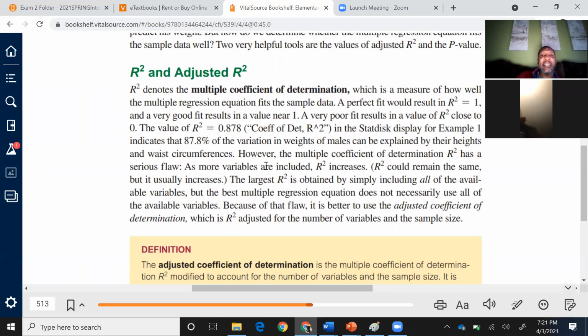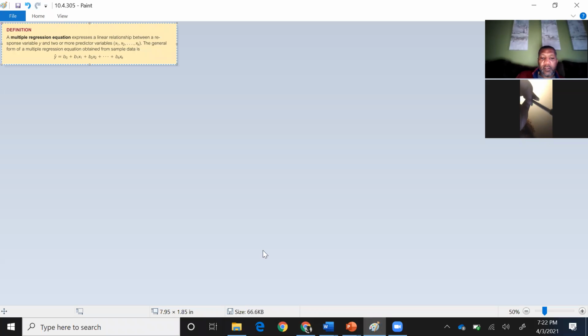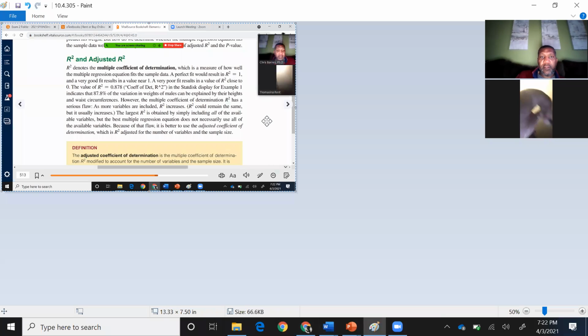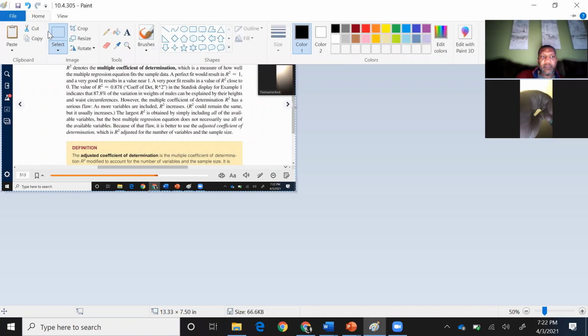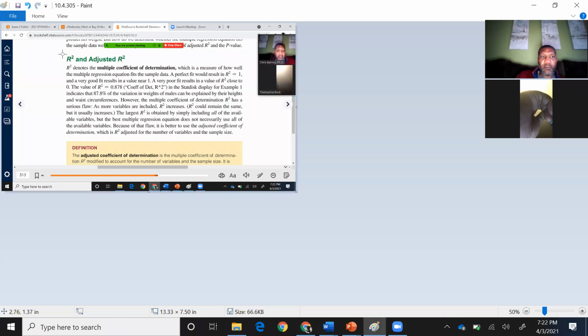If you read it and you're sitting back there understanding how the multiple coefficient of determination works, it's letting you know that an R squared of 0.878 means you can explain 87.8%. All right, so let me print screen this.